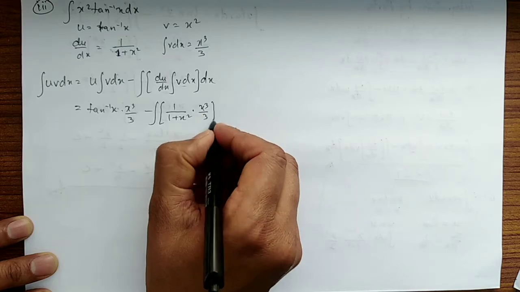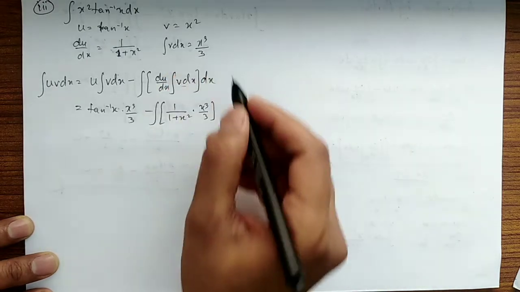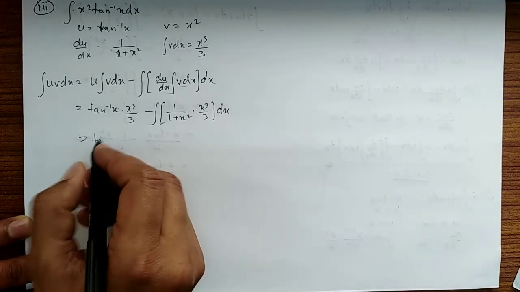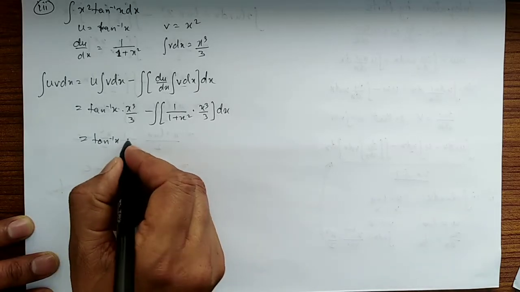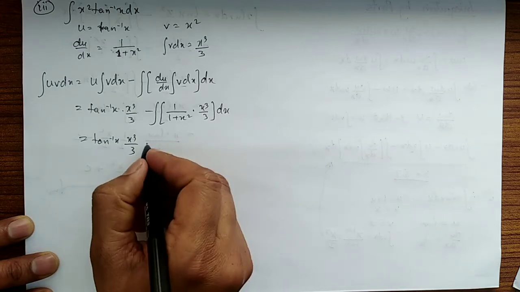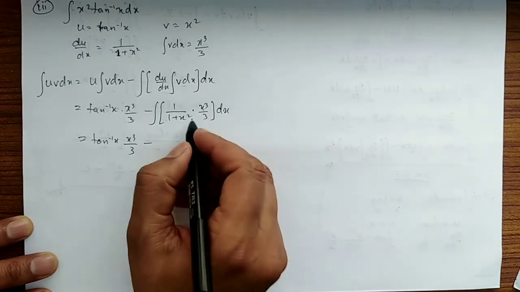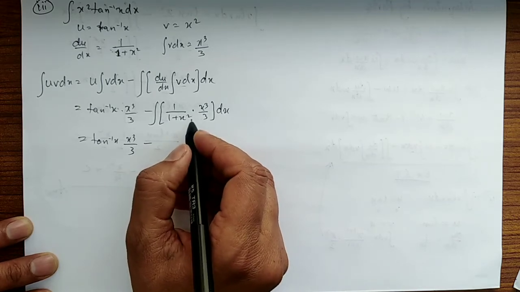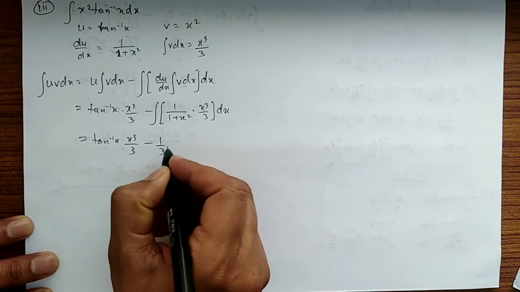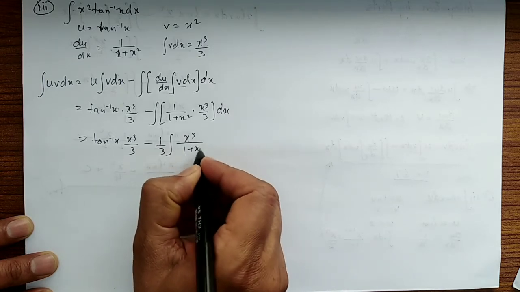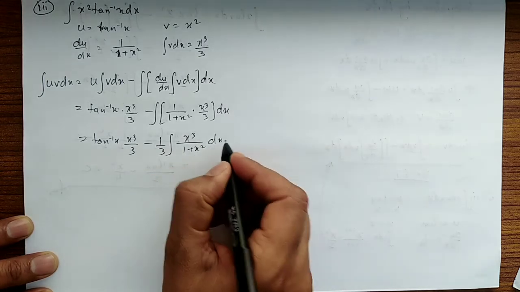We are putting the integral directly as we have calculated over here, and dx. That is tan inverse of x times x cube upon 3. Now putting the values, taking this 3 outside the integral, that is x cube upon 1 plus x square dx.